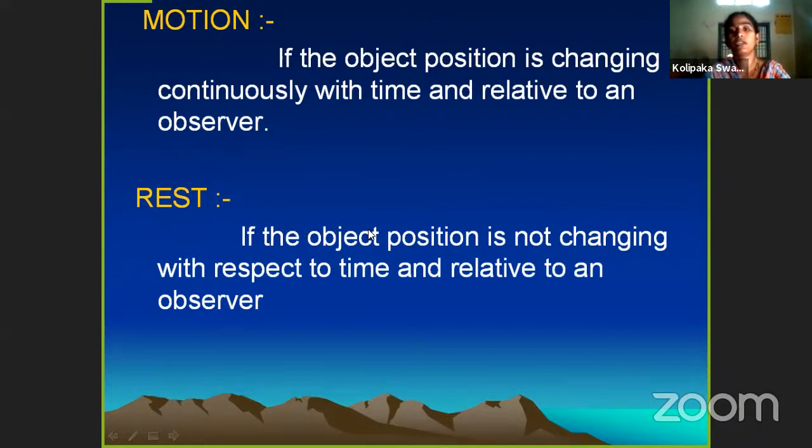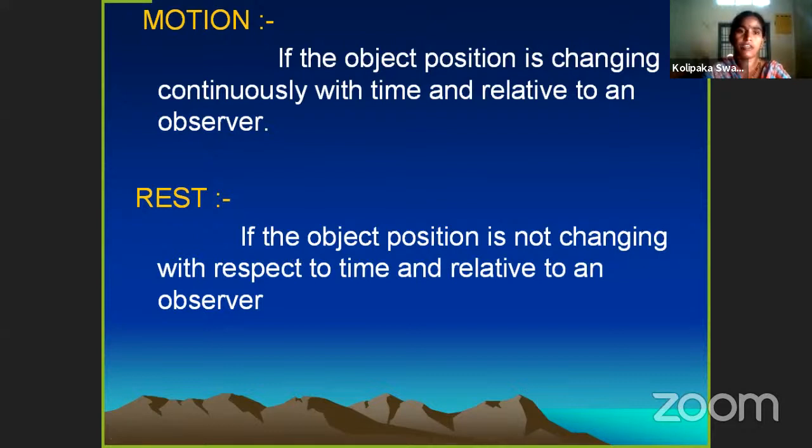When the object's position is not changing with respect to time and an observer, that time we call the object at rest. Okay, clear? Next topic is distance and displacement.